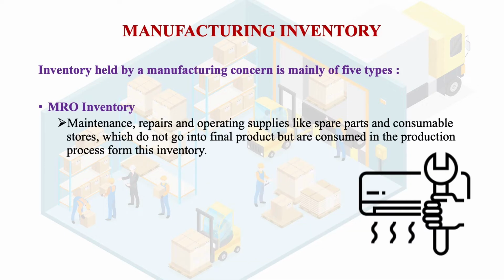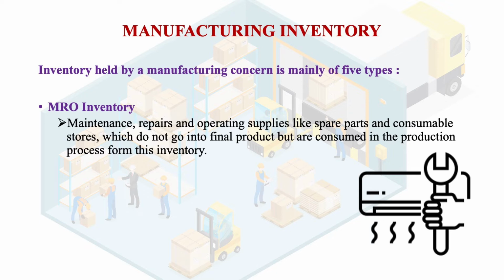Fourth type of manufacturing inventory is MRO inventory, that is maintenance, repair and operating inventory. This type of inventory supplies things like spare parts and consumables which are stored, which do not go directly into the final product, but they are consumed in the production process. So they form the maintenance, repair and operating inventory.